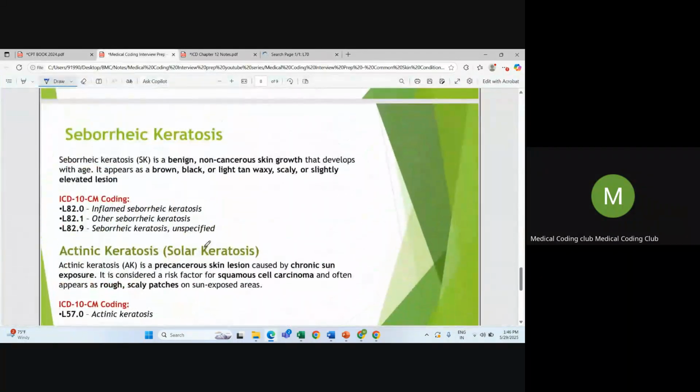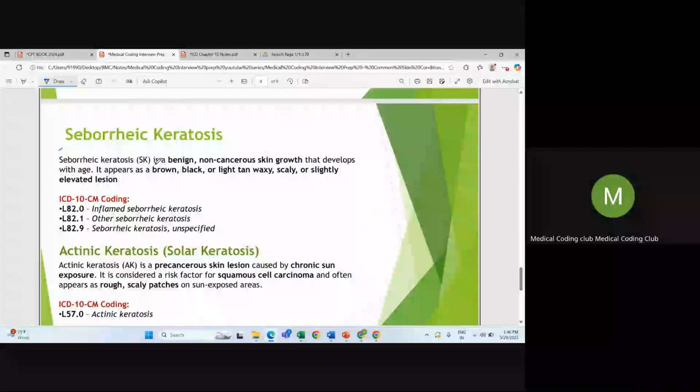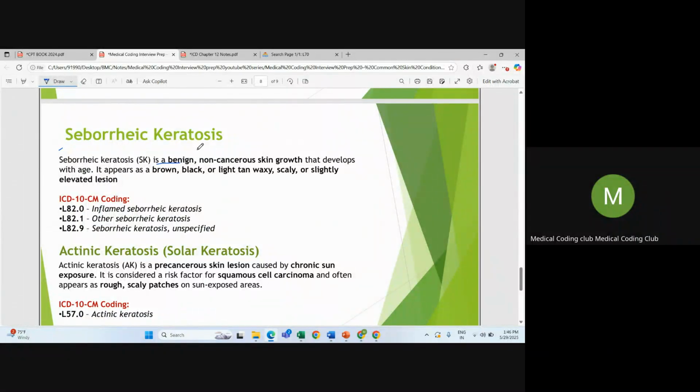So next skin related medical condition is seborrheic keratosis. Seborrheic keratosis is benign, okay, as you know, benign means it's a non-cancerous skin growth that develops with age, and it appears as a brown, black, or light tan waxy, scaly or slightly elevated lesion. Okay, when we are talking about seborrheic keratosis, we need to check whether it is inflamed or non-inflamed.